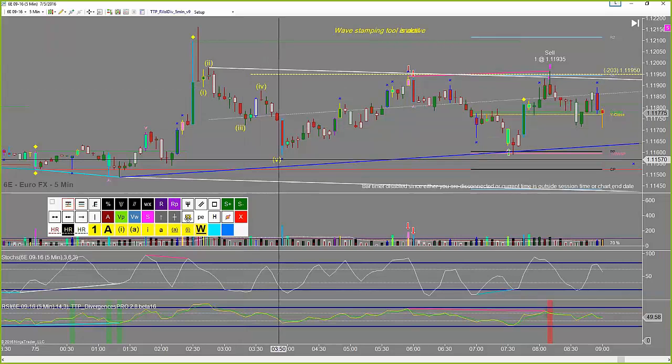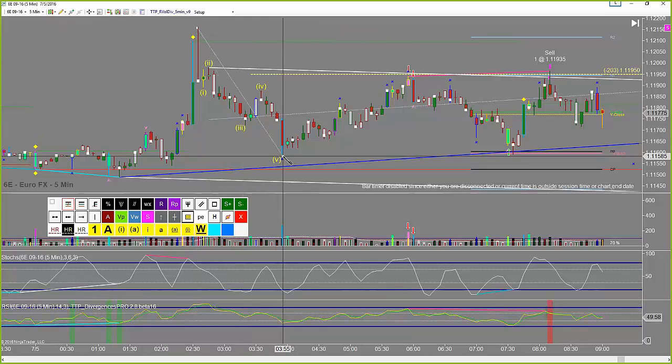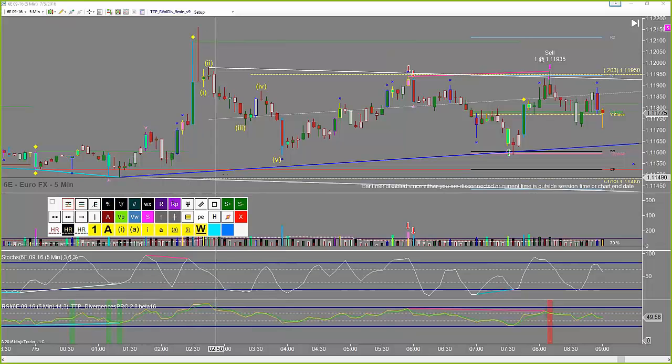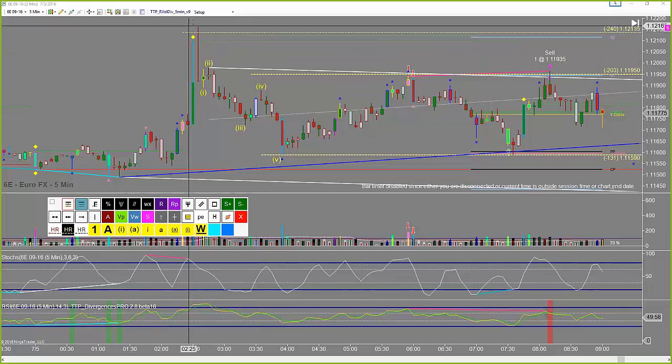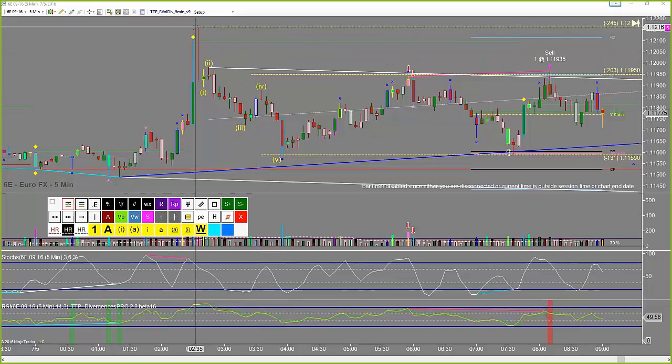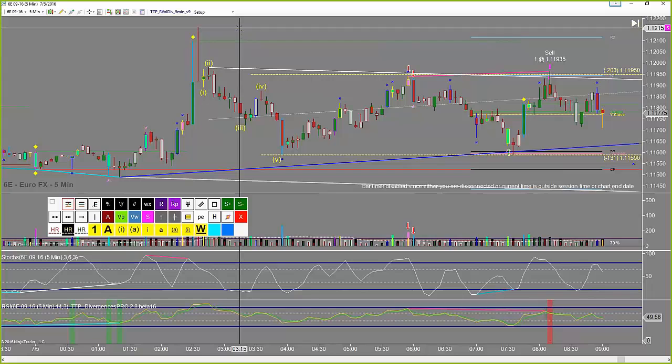It's a pretty large move, actually. Whatever that means, 560. I really have no idea. Let's have a look here. This thing is so bizarre. 245, so it's over 100 ticks. Over 100 tick move to the downside. So that's a pretty nice reversal in the euro.